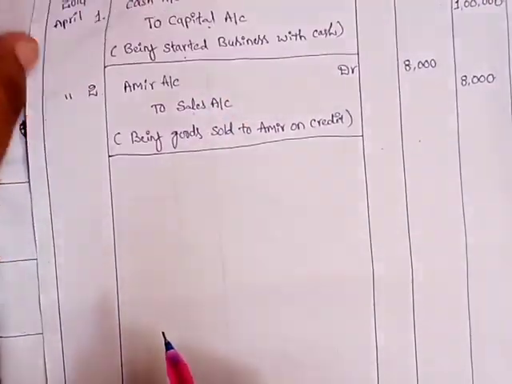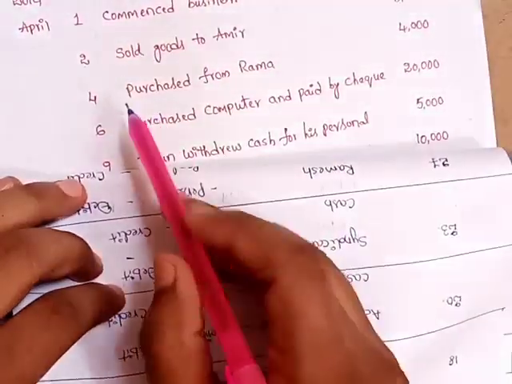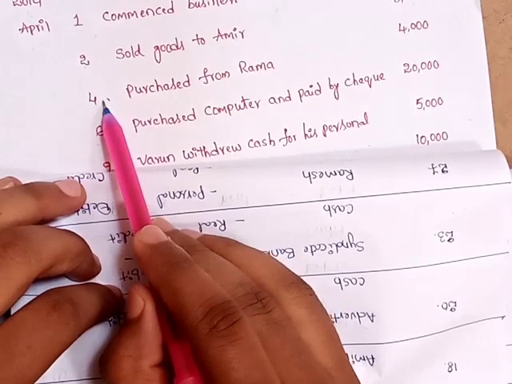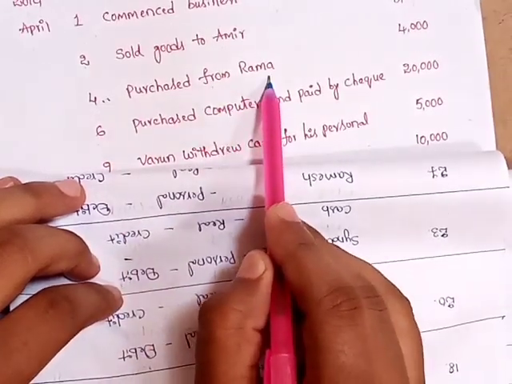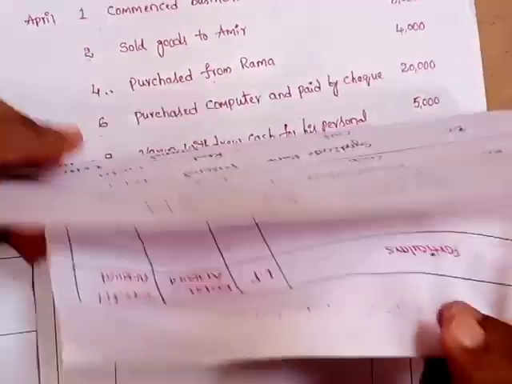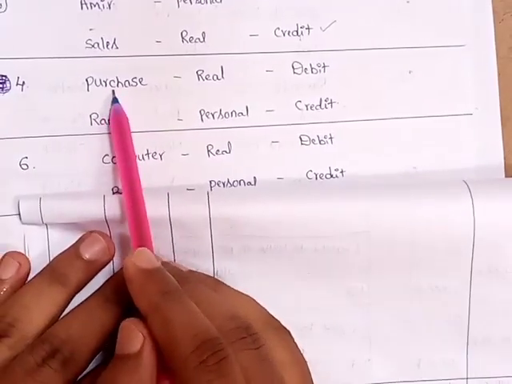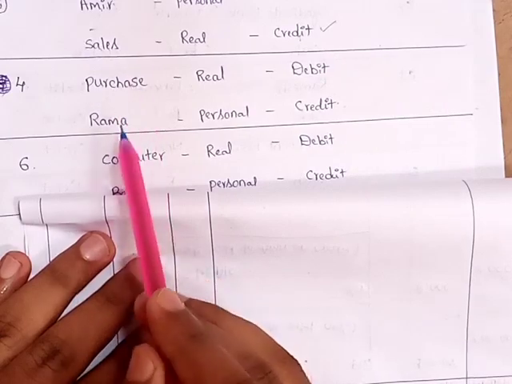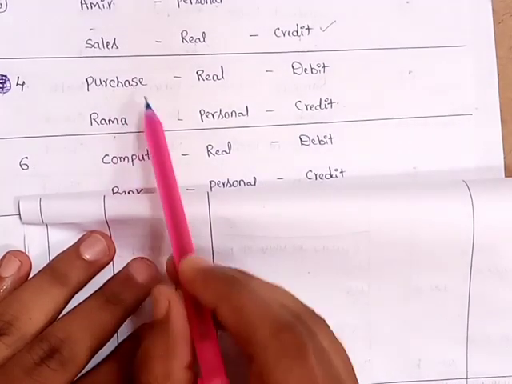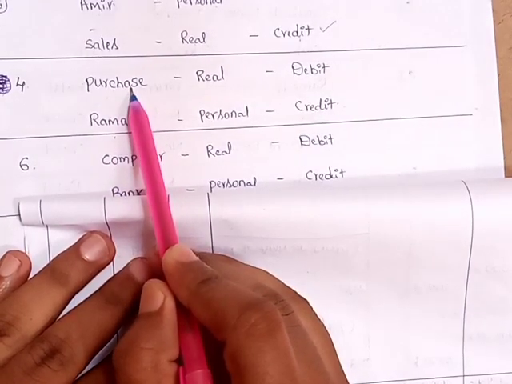Now third transaction, purchased from Rama 4,000. In this transaction we have two aspects, purchase and Rama. What are we purchasing here?